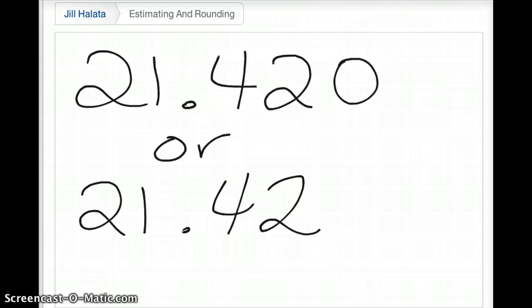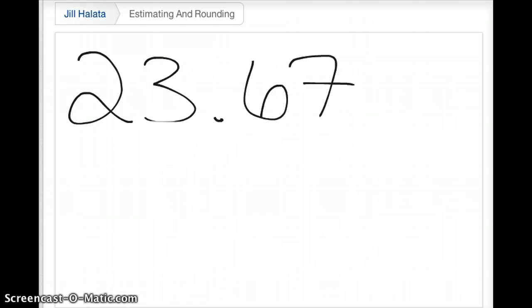Let's look really quick at one more when you're looking at decimals. If you notice, the rounding is the same, no matter if it's a whole number or a decimal. But sometimes it asks you to round to the whole number. So you want to round to the first whole number. Remember, your decimal separates your parts from your whole. So my first whole number place would be where the 3 is.